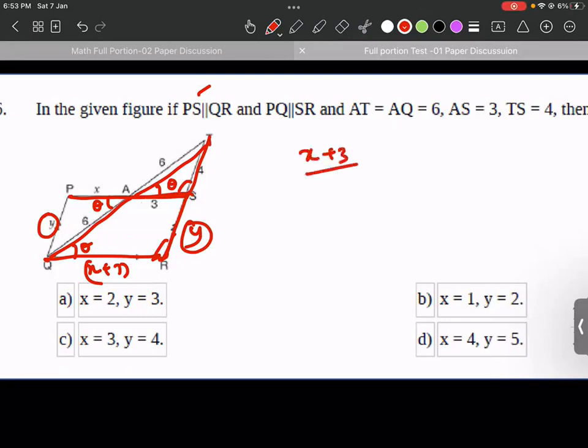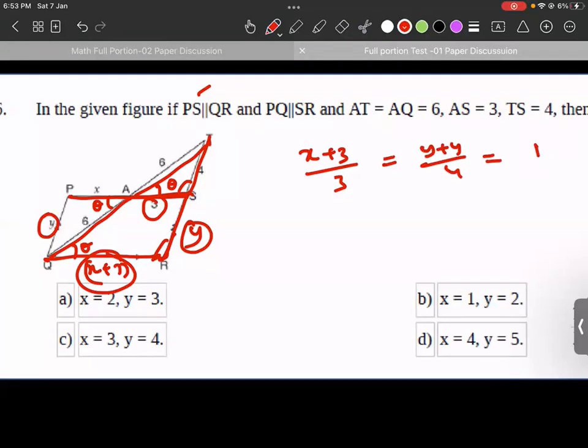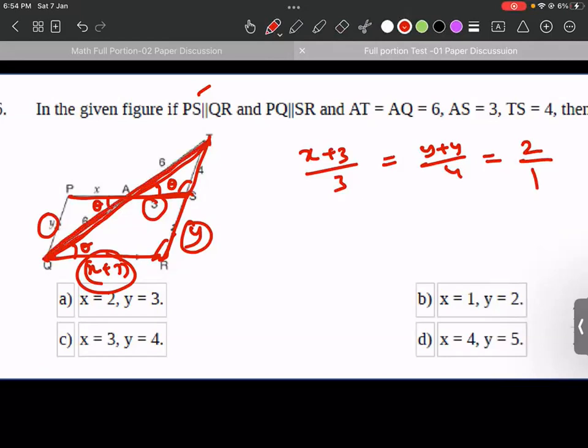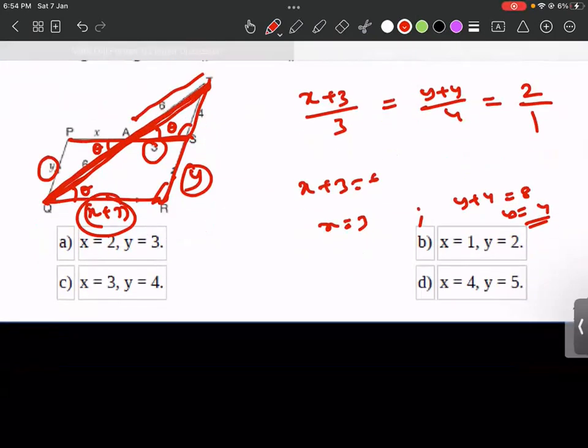Then you can say X plus 3 by 3 is equal to Y plus 4 by 4 is equal to 2 by 1. You know, this total length is 12 and half of it is 6. So X plus 3 is 6, now X is equal to 3. Y plus 4 is 8 means Y is equal to 4. Is there an option X is equal to 3 and Y is equal to 4? There is the option.